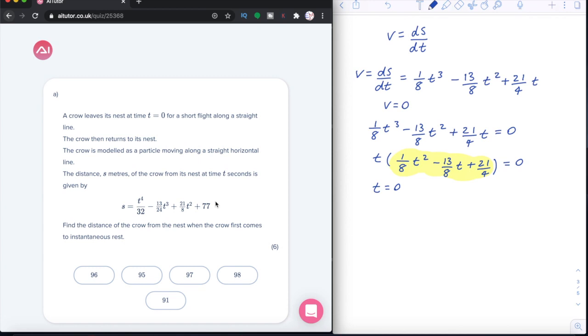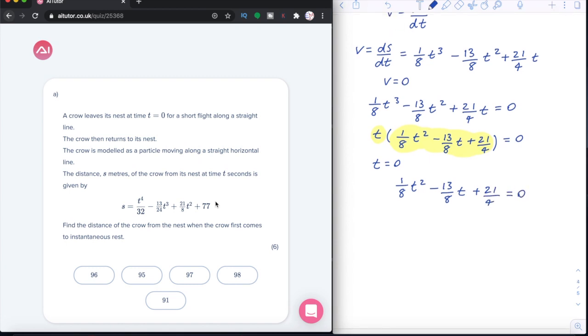But if we divide through by this value of t, then we're just going to be left with 1/8 t squared minus 13/8 t plus 21 over 4 equals 0. Then to make this a nicer looking quadratic, we can just multiply everything through by 8. So we get t squared minus 13t plus 42, which is 21 times 2, equals 0.